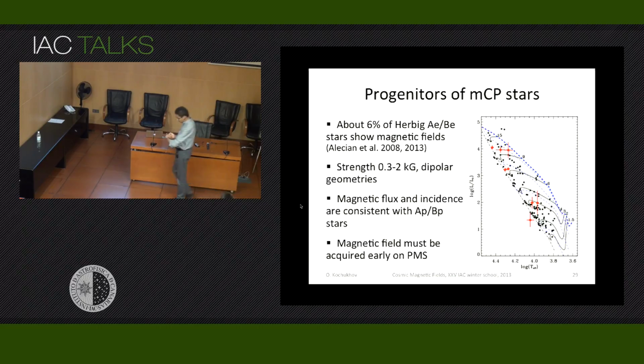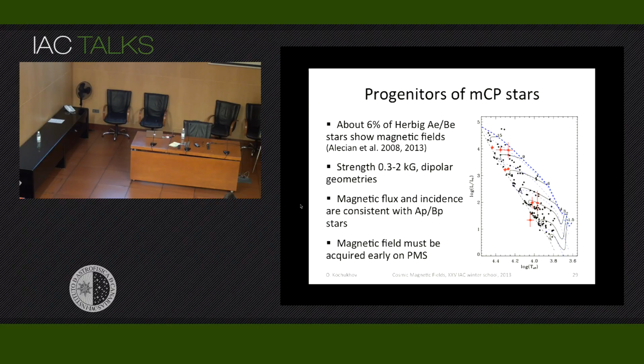And maybe the last thing that I want to say today, before continuing with these stars on Friday, is that there have been attempts to trace the emergence of these fields at early evolutionary stages. So to look at very young A-type stars, so-called Herbig Ae stars, stars with emission lines, but emission related to the presence of circumstellar material.